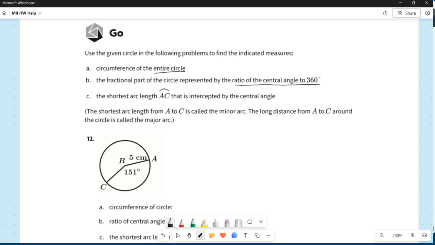And then part C, the shortest arc length, AC, that is intercepted by the central angle. And they tell us that the shortest arc length from A to C is called the minor arc. A little bit of vocab there. The long distance from A to C around the circle is called the major arc. So we're looking for the minor arc in these questions.